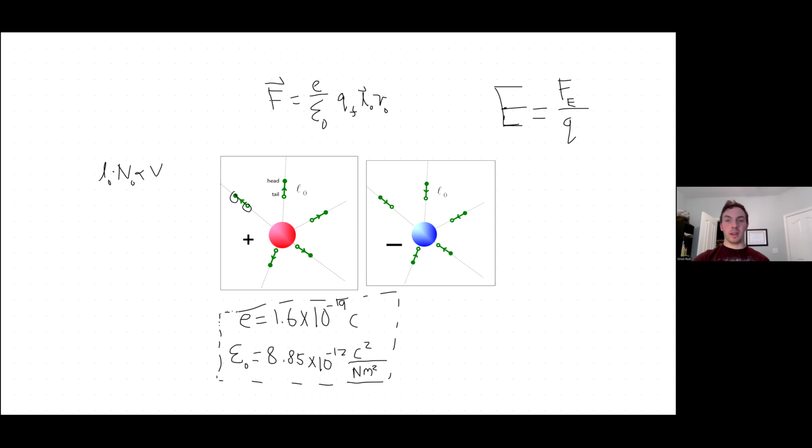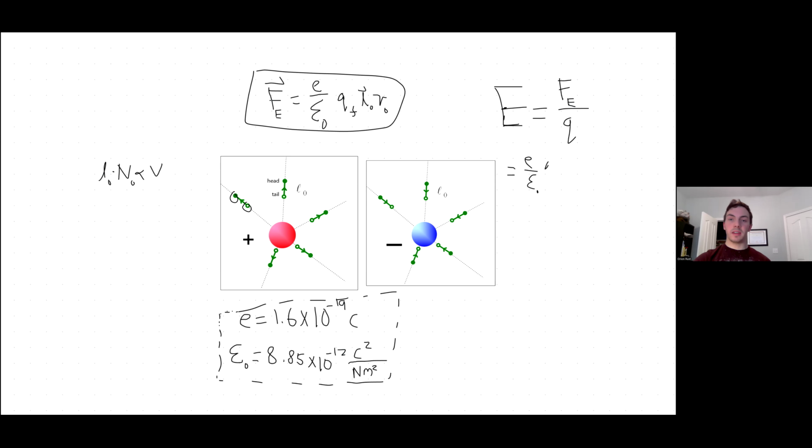And when we get to electric fields, the electric field is, simply put, the force of the thread without the charge. You just divide by the q, and that essentially becomes this equation, e over epsilon naught times the length of our field particle.